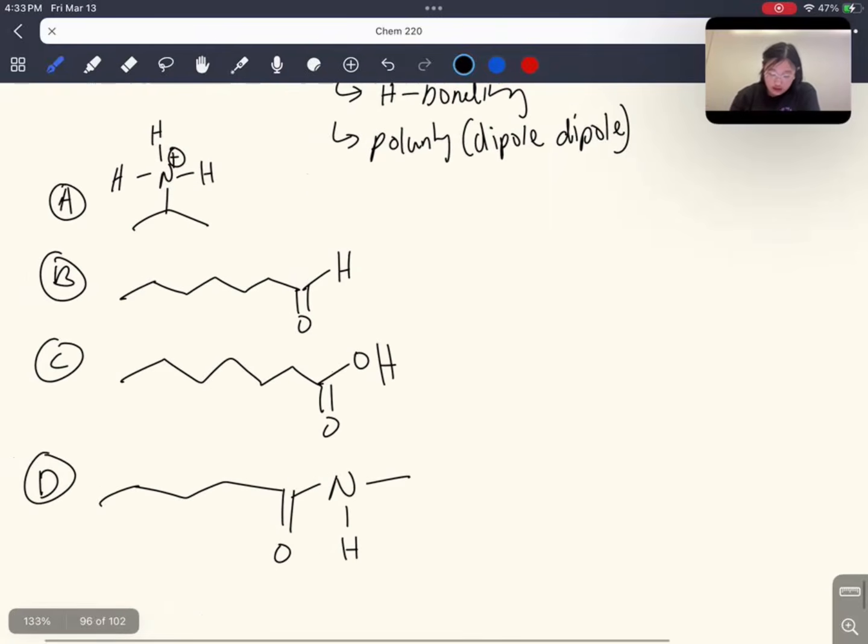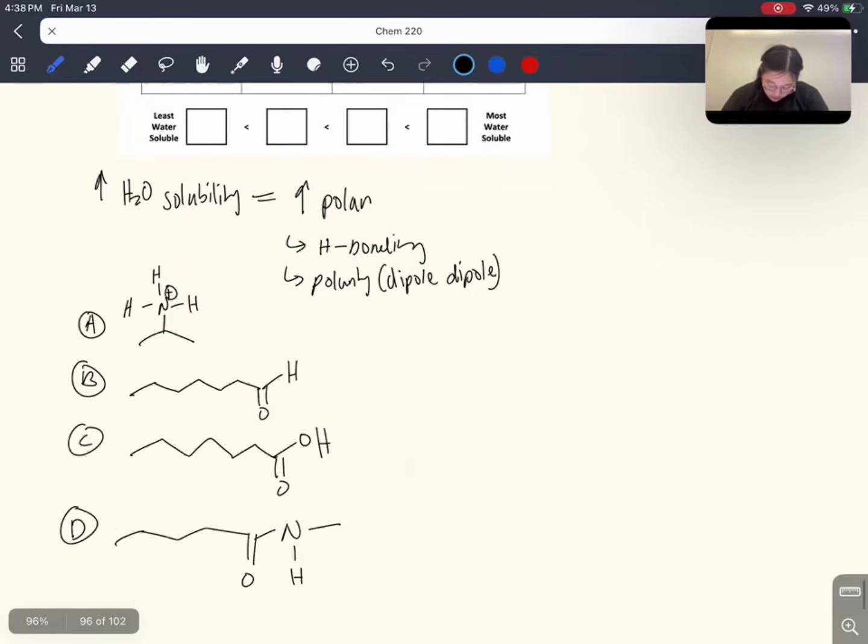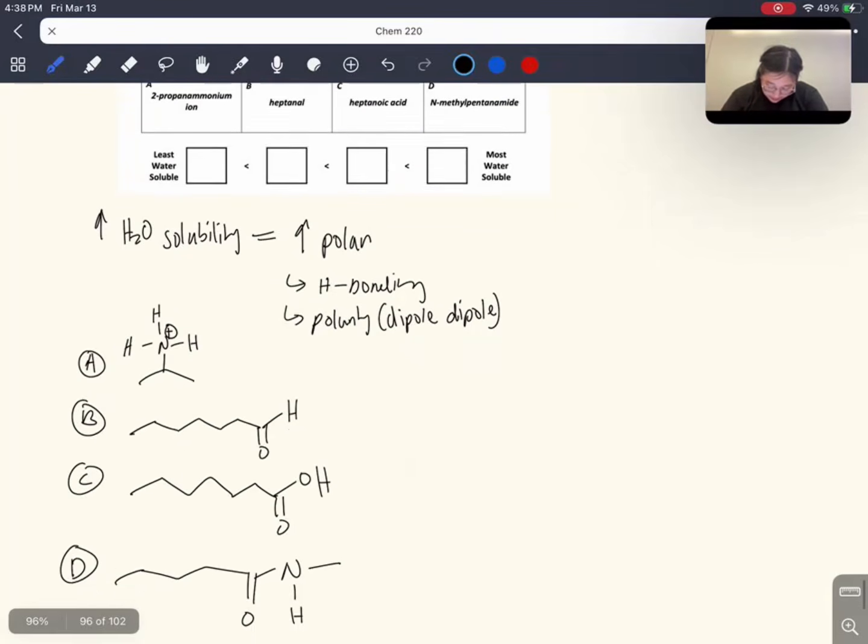Okay, so now we look at, first of all, can any of these H bond? And so the answer to that is yes. So we're asking which can H bond.